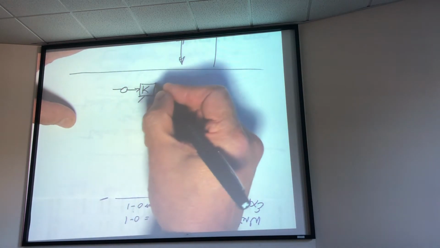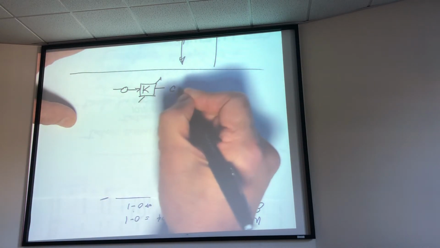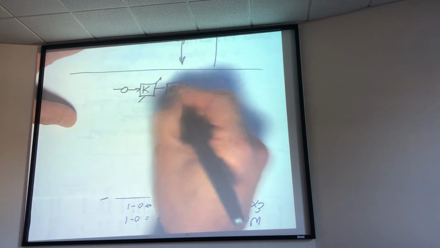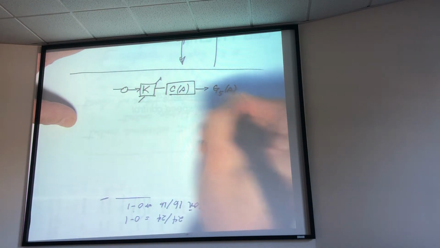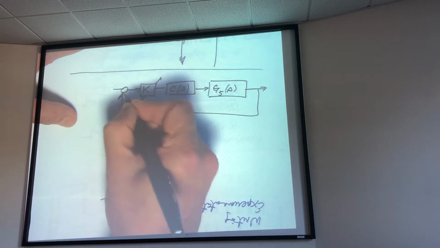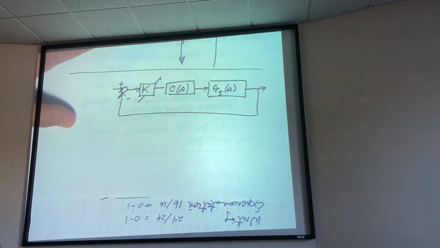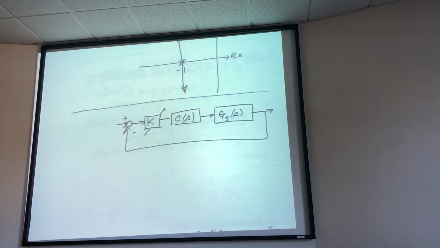The root locus problem assumes that the parameter being adjusted is here, it's k. But we could have a more complicated system. Let's have a compensator right here. And then we have our plant, the model that we just put in, G5, like this. All right, that's the system we want to analyze now.